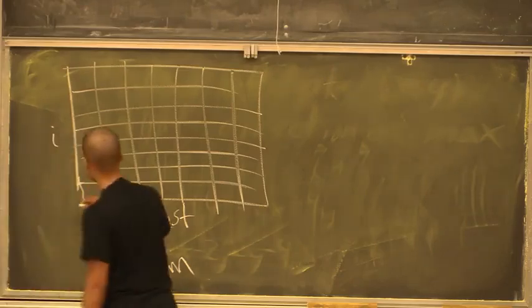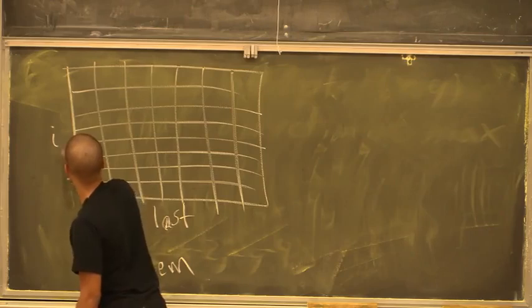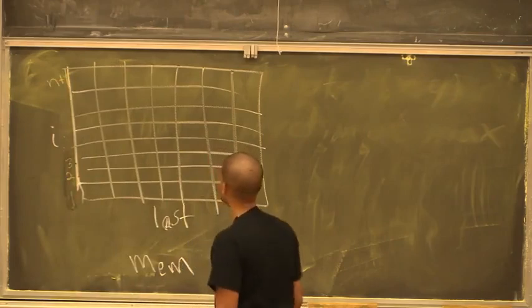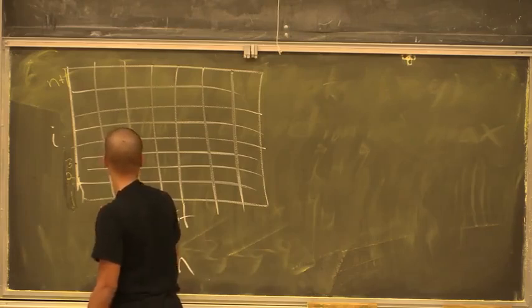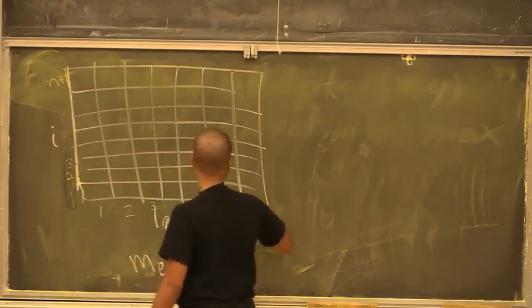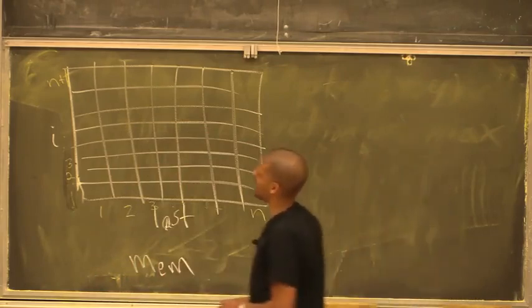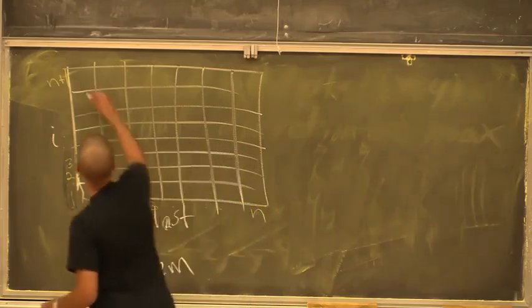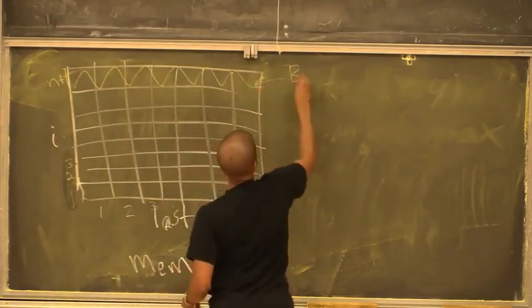Let's say I is equal to 1, 2, 3 up to n plus 1. And then last is also anything between 1, 2, 3 up to n. The base case is when I is equal to n plus 1. So all of this stuff is the base case.